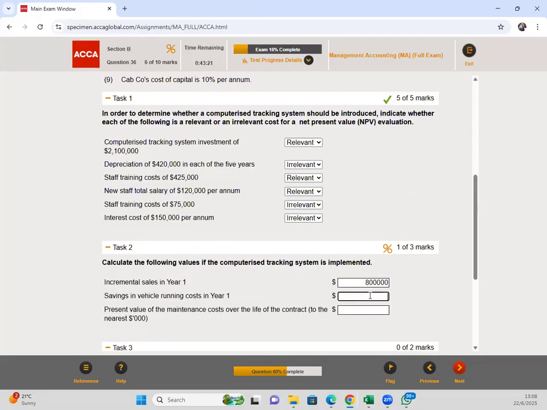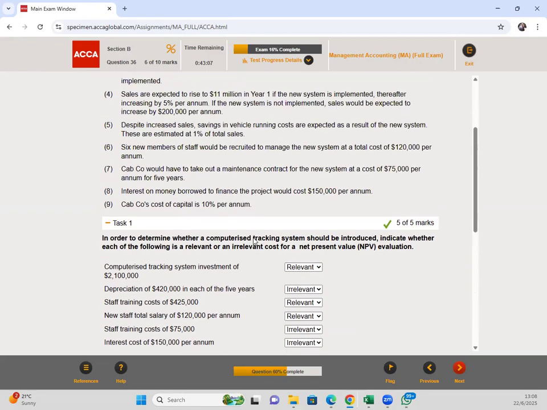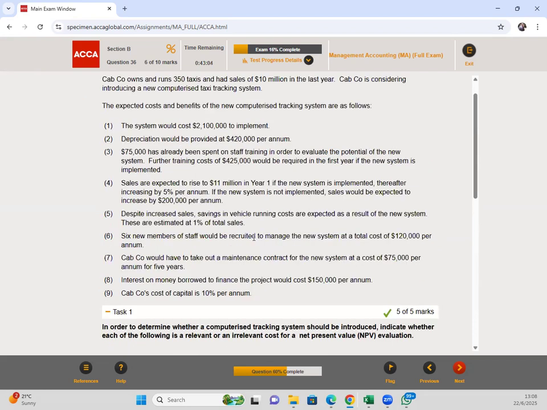The savings in vehicle running costs. So the savings in vehicle running costs, what was the issue on vehicle running costs? Let's check the vehicle running costs.